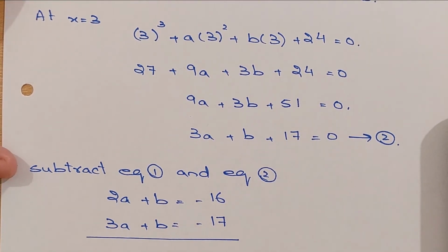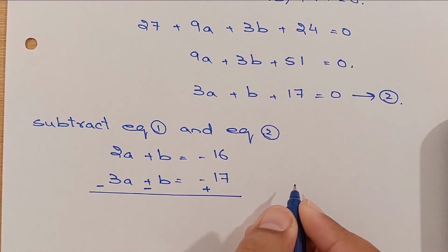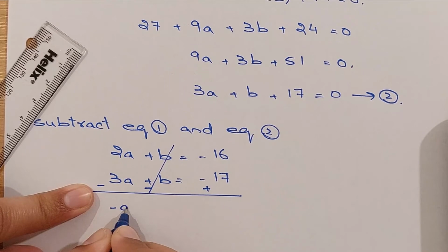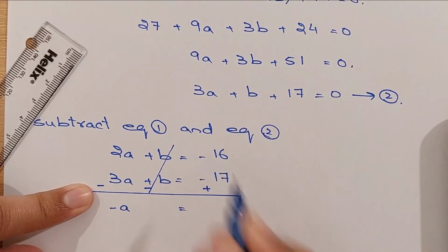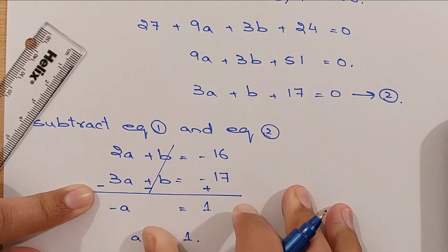Okay, so for subtraction we have to change the signs, negative, negative and positive. So plus b and minus b cancel, it's just 0. 2 minus 3 is minus a, and this equals 17 minus 16, which is 1. So a value is negative 1. So we have shown that a is minus 1.